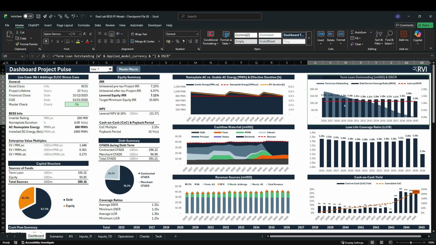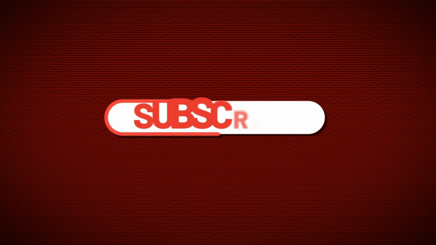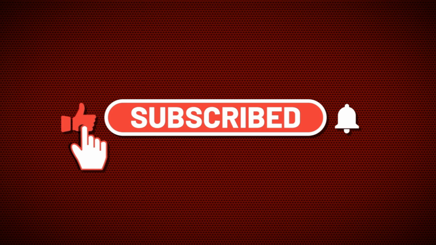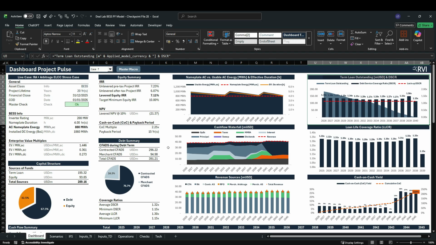And you can see that our DSCR profile has worsened quite significantly, but we are still above 1.0 and we are also above lockup. So even if there is an additional 1% per annum in reduction, lenders would still expect to get their money back without any events of default.